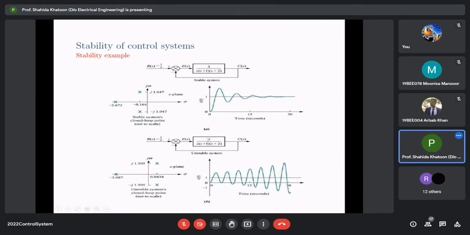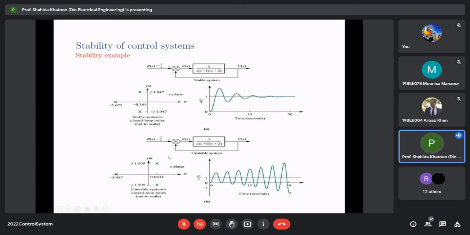Now, if we change the transfer function to 7 upon s(s+1)(s+2), then the closed loop poles are: one at minus 3.087, which lies on the left half of the S plane. So this pole is fine, but we have a complex conjugate pole pair on the right half of the S plane, at plus j 1.505 and minus j 1.505.